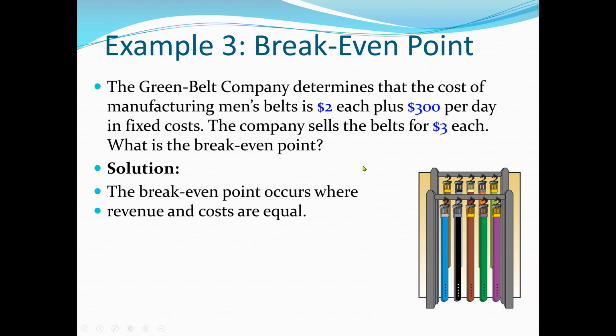Let's see the equation. Again, we said the break-even point occurs where revenue and costs are equal. So let x represent the number of beds manufactured in a day. The revenue generated, remember, is $3 per bed, so it's 3x.